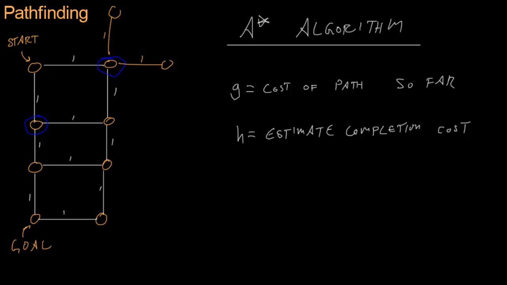So then when it comes time for us to calculate the total cost of a node, that total cost is going to be F, and we're just going to do G plus H. That is, we're going to do the cost of the path so far, just like in Dijkstra's algorithm, and then we're going to add to it an estimate for the completion.